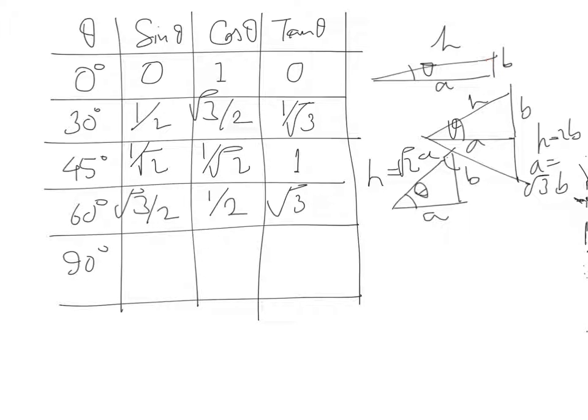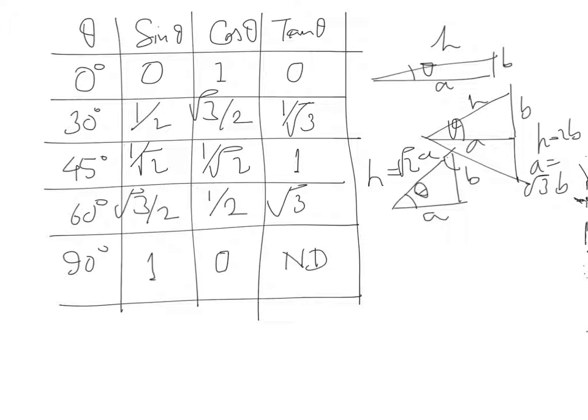And therefore we can look at this triangle where this angle is 90 degrees, the base is B, the vertical height is A, and the hypotenuse is H. And therefore sine 90 degrees is equal to A by H, which is equal to 1 because A is equal to H. And likewise cos of 90 degrees is equal to B by H, which is 0 because B tends to 0. And therefore tan 90 degrees is 1 by 0, which is a ratio that can't be defined. So we write it as not defined.